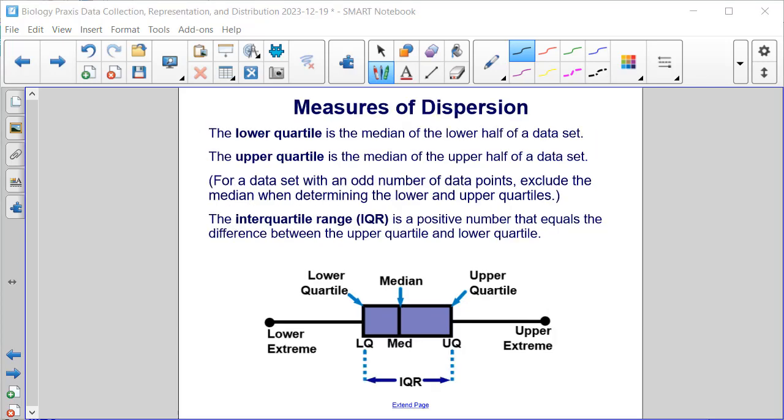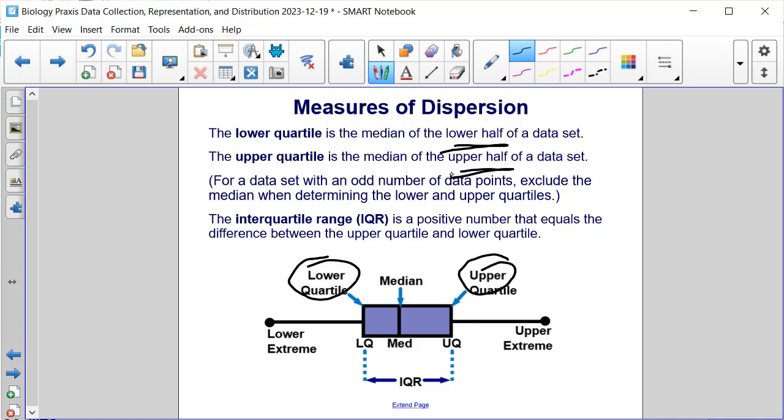The lower quartile, right here, is the median of the lower half of the data set. The upper quartile, right here, is the median of the upper half of a data set. For a data set with an odd number of data points, exclude the median when determining the lower and upper quartiles.